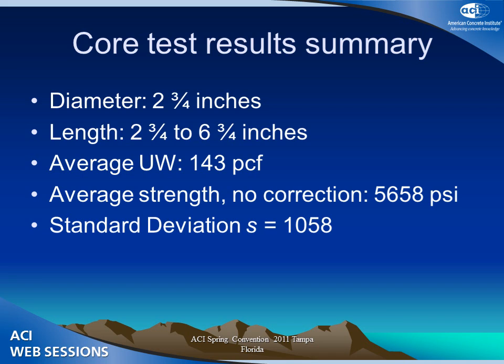We had an average unit weight of about 143 pounds a cubic foot. Without adding any kind of correction, the average of the cylinders that we used in the testing was about 5,600, and it had standard deviation of twice what we had estimated when we did our calculating the correct number of cores to take.